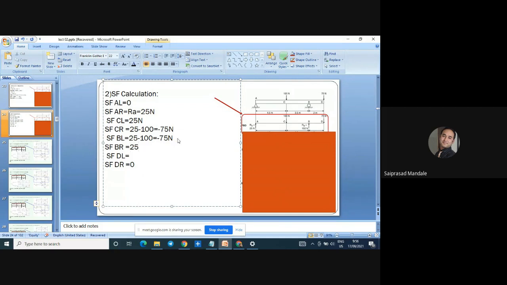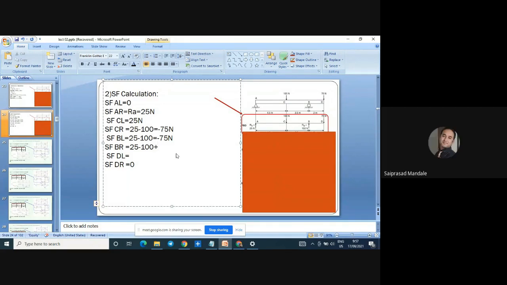25 minus 100, minus 75. Oh, you're missing something. We are talking about B, so you have to focus on RB. Tell me the complete equation. 25 minus 100 plus RB. RB is how much?